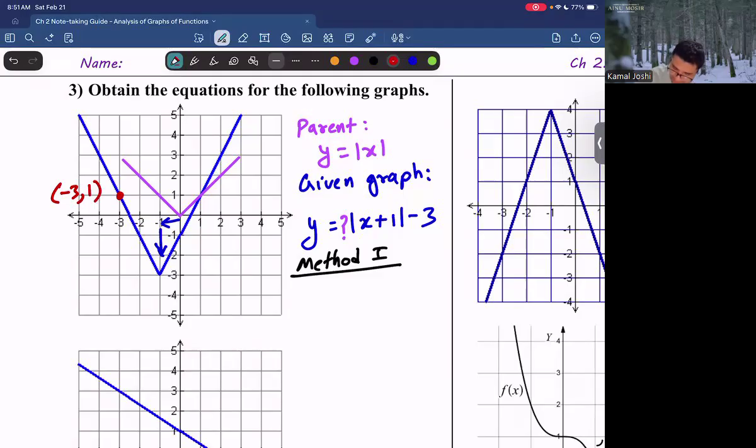Let's say the unknown coefficient is some number a. So your equation now will be: y is 1 here, equals a times the absolute value of x, which is -3, plus 1, -3.